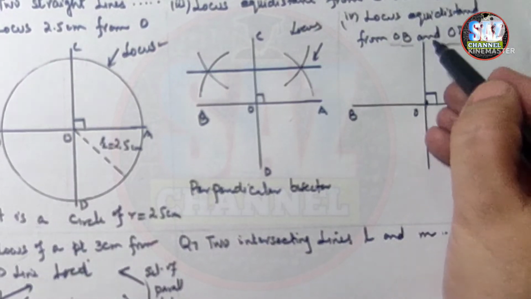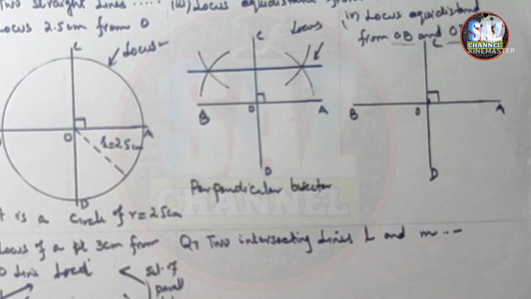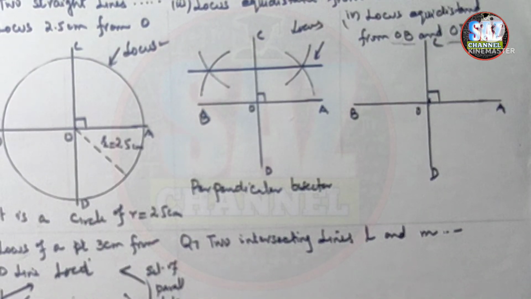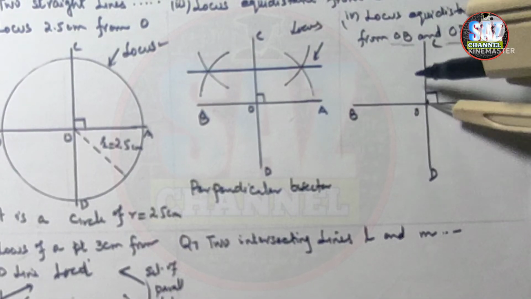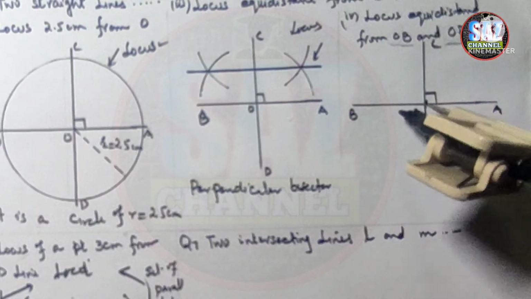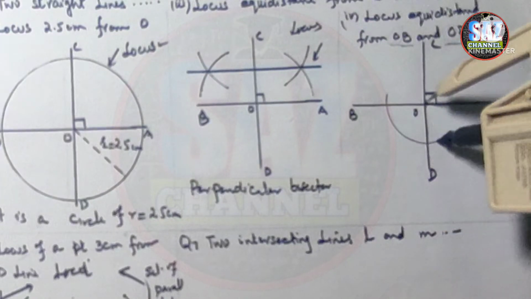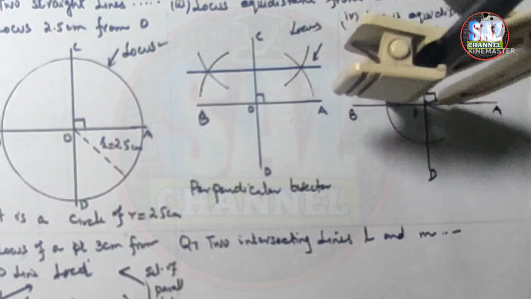Now recall the procedure for the construction of an angle bisector. I have to open the arm of the compass to a suitable radius, take the vertex, the common letter, which is letter O, as the center, and draw the arc. This arc will meet the angle arms at 2 points.